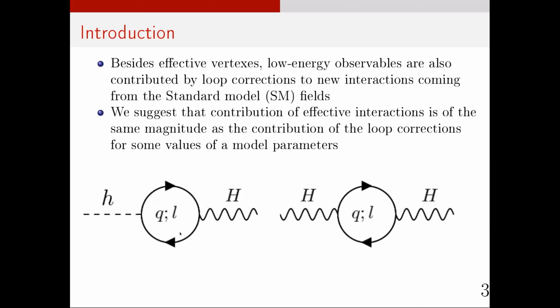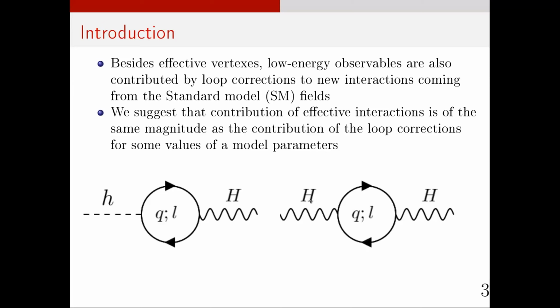The first diagram describes one-loop mixing of the light Higgs boson and the heavy Higgs boson via the loop of the standard model fermions. So here you can see that the light Higgs field, I mean that which was detected in 2012, which has a mass of 125 GeV, is admixed with some very heavy neutral scalar here.